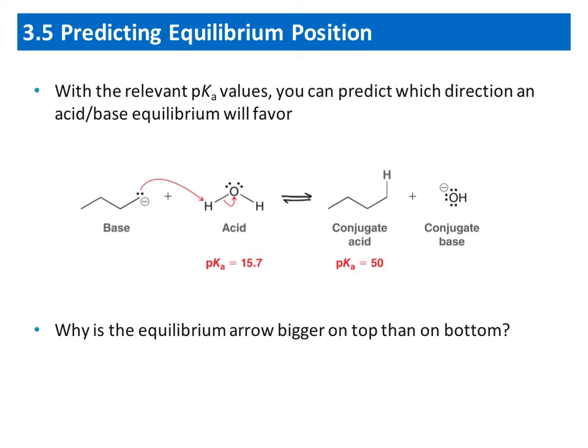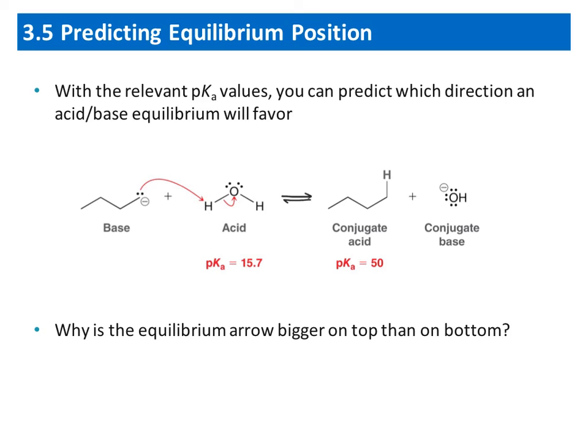If you look at here, this base reacts with water, deprotonates the water, so water is an acid here, and forms the conjugate acid of the base. So we know our acid and our conjugate acid.